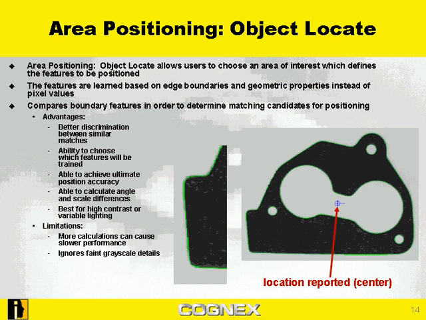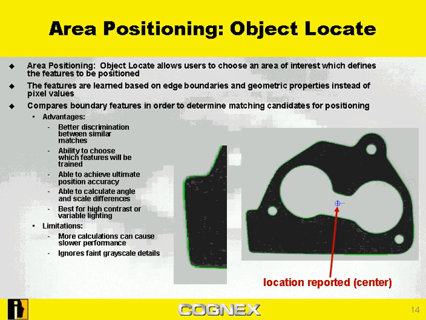The other type of area positioning is object locate. This is probably the one that I use the most because it's fast and it's also very accurate. It's fast because it's based on edges. This is somewhat similar in function to Pat Find, if you're familiar with the Insight family, because this also is interested in edges and the geometric shape, more so than it's interested in the grayscale levels of the material itself.